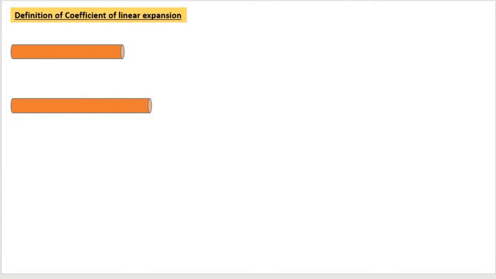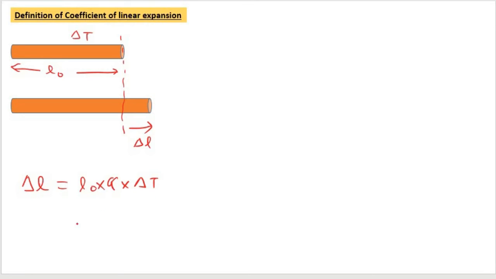Now let us try to actually understand the meaning of coefficient of linear expansion. So we have studied that the initial length of the rod is, say, L0, and if I heat this rod such that delta T is the rise in the temperature, then this rod will increase by some amount, that is delta L, and delta L is equal to L0 alpha into delta T. From here, alpha is equal to delta L upon L0 into delta T. Now what am I assuming over here?